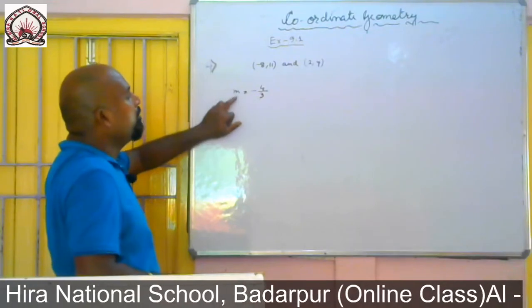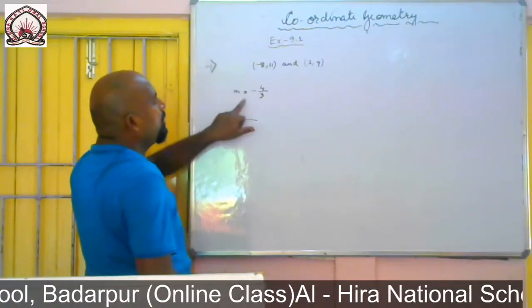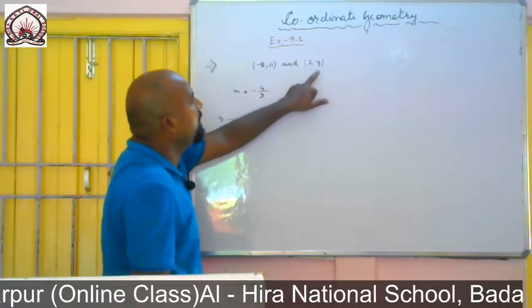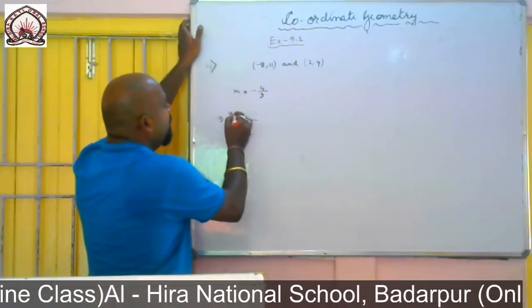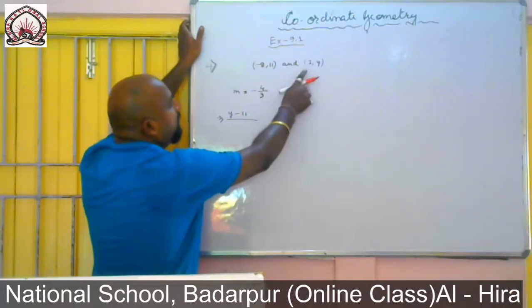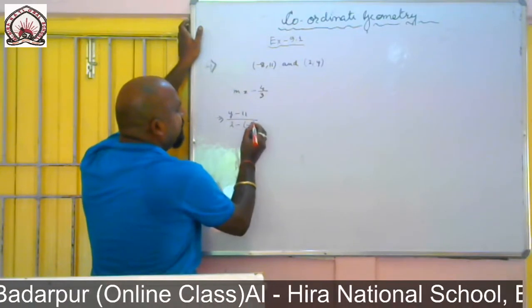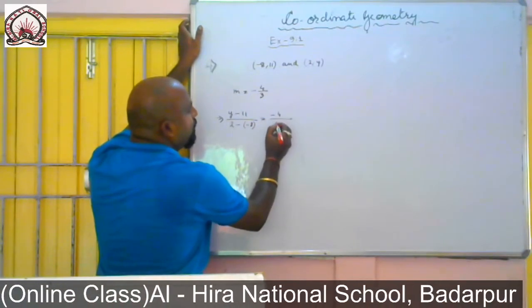We know m equals the change in y coordinate divided by the change in x coordinate, so y minus 11 divided by 2 minus of minus 8, equal to minus 4 by 3.